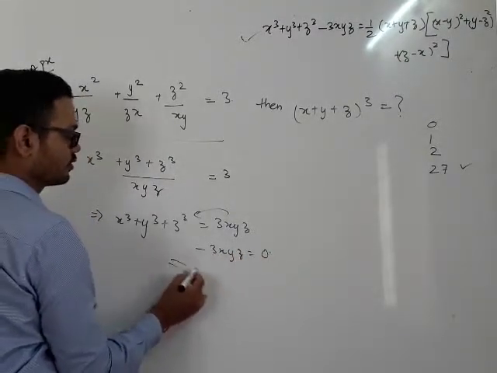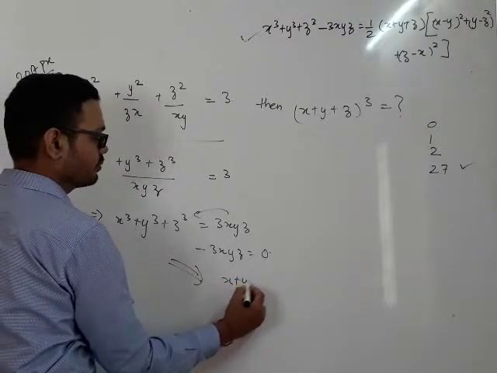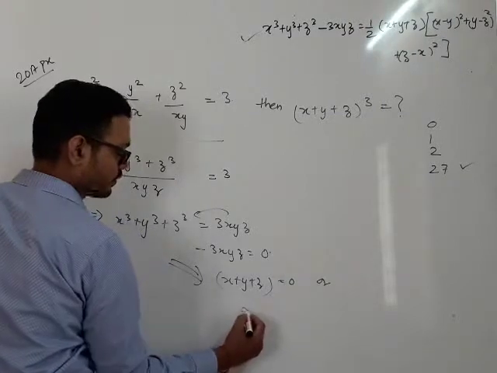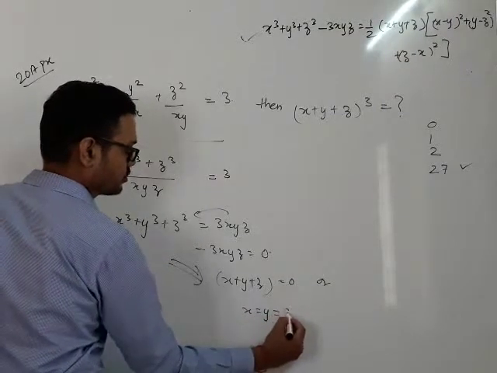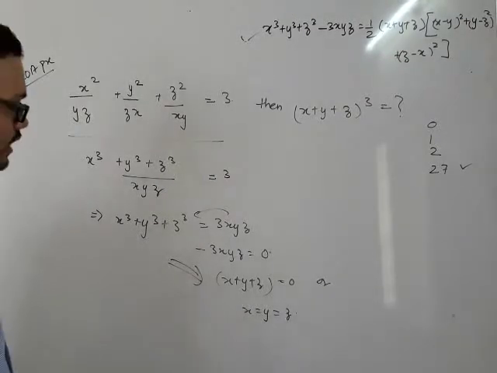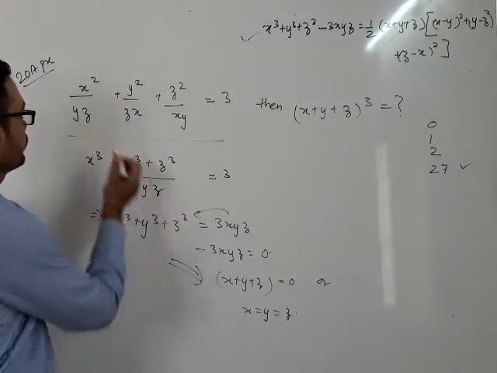It implies what? Either x plus y plus z is 0, or x is equal to y is equal to z.